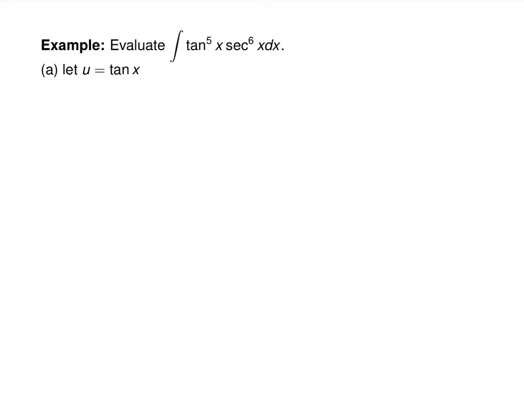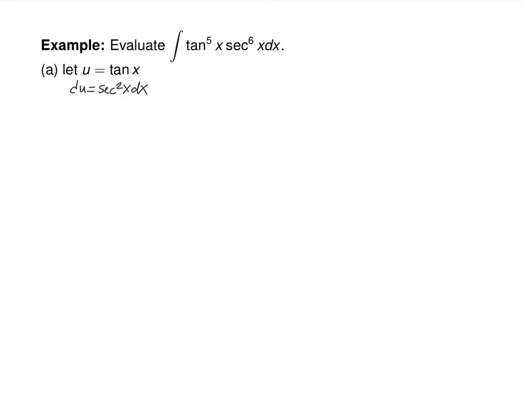All right, now as promised, here is an example in which there is more than one way to do it. Personally, I probably would see the first way first because I know the derivative of tangent is secant squared more readily than the derivative of secant being secant tan, but either way works. If you choose to proceed by letting u equal tan, du is secant squared x, and you have to convert the other secants into tangents.